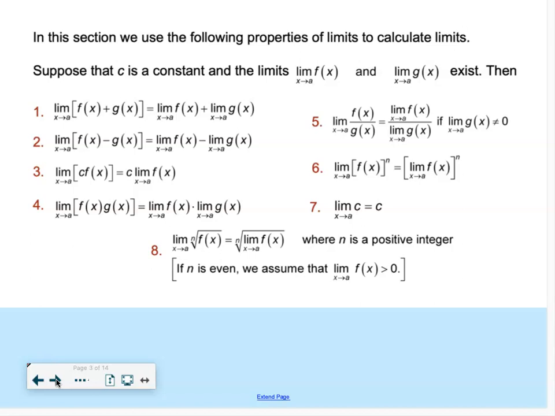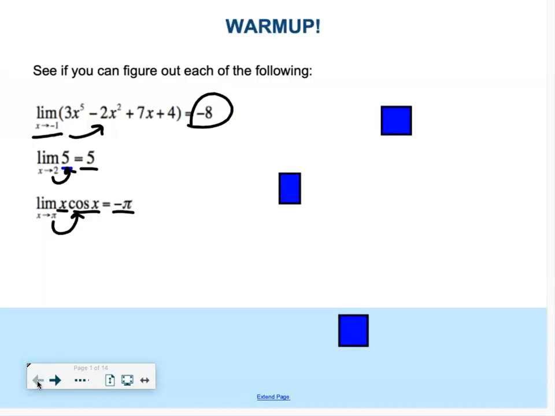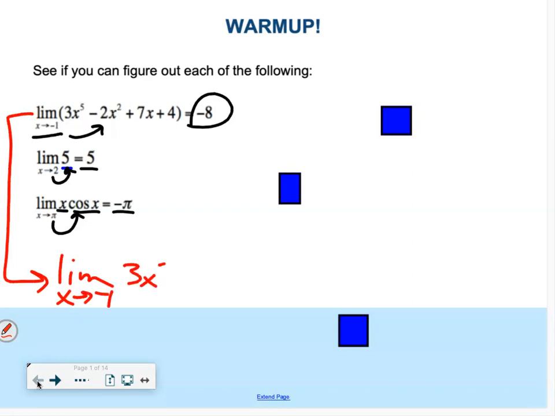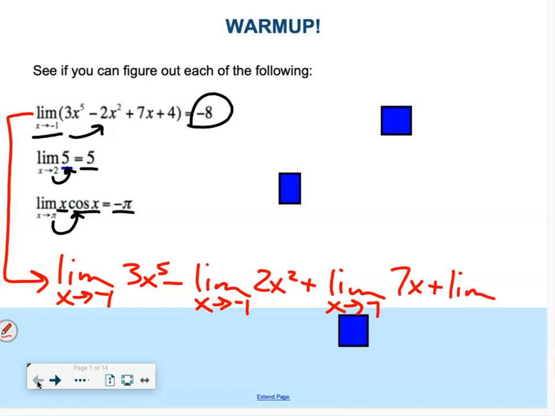So the first two properties say that the limit of the sum of two functions is equal to the sum of the limits, and the limit of the difference of two functions is equal to the difference of the limits. So, for example, on our first warm-up problem, if I rewrote this as the limit as x approaches -1 of 3x to the 5th minus the limit as x approaches -1 of 2x squared plus the limit as x approaches -1 of 7x plus the limit as x approaches -1 of 4.